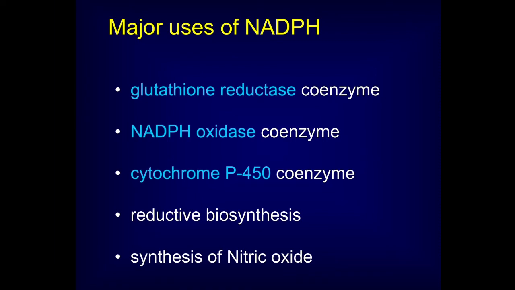NADPH is an important coenzyme required for at least 5 distinct reactions. The first one is the regeneration of glutathione by glutathione reductase. The second use of NADPH as a coenzyme is by NADPH oxidase, which is an important component of the immune response.